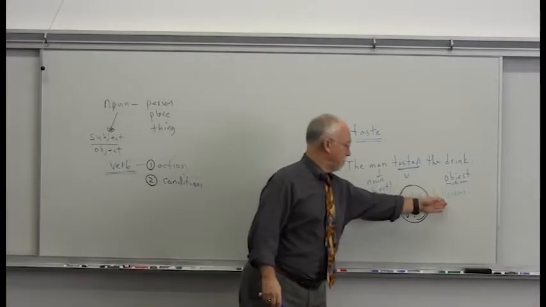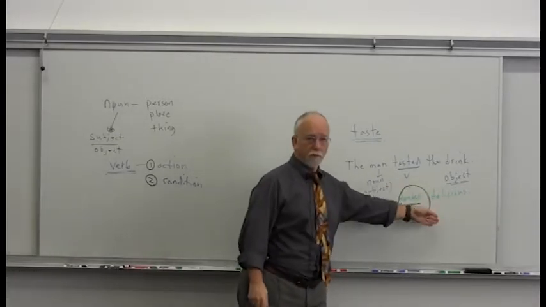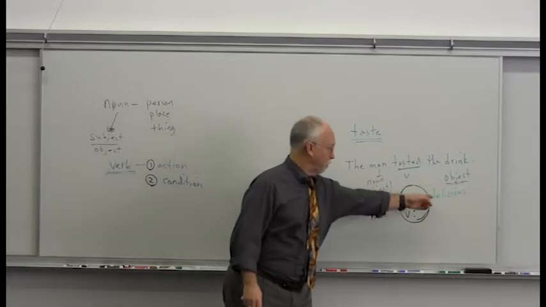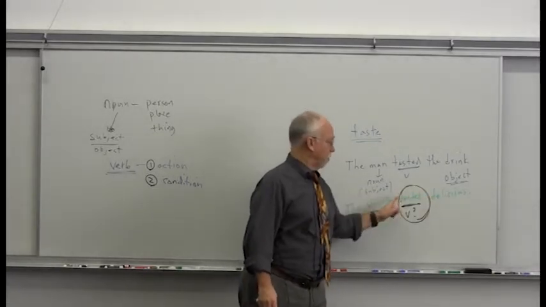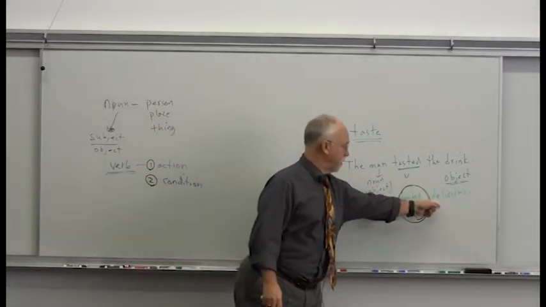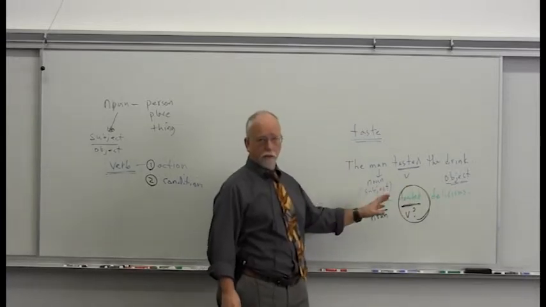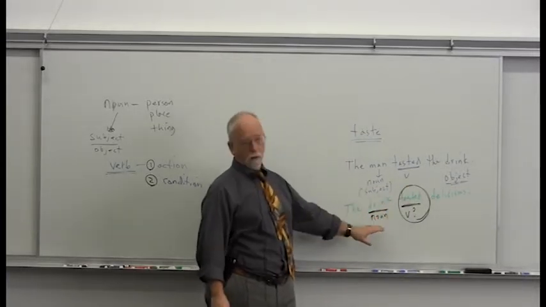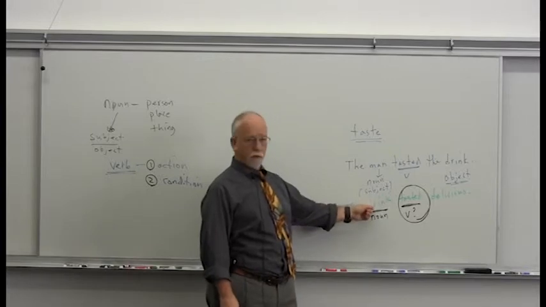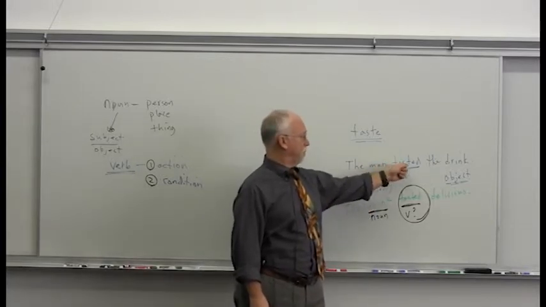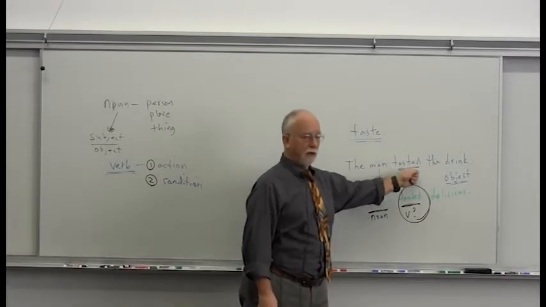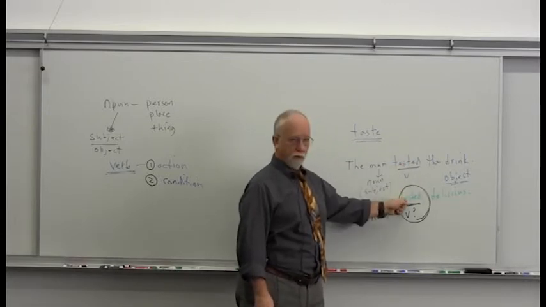This just tells us the nature or state of being of the drink. So the drink was delicious. There's no action going on, but it's being used to tell us the condition or state of being of the subject. Here we have a subject that's doing action, so we have an action verb. It's the same verb.